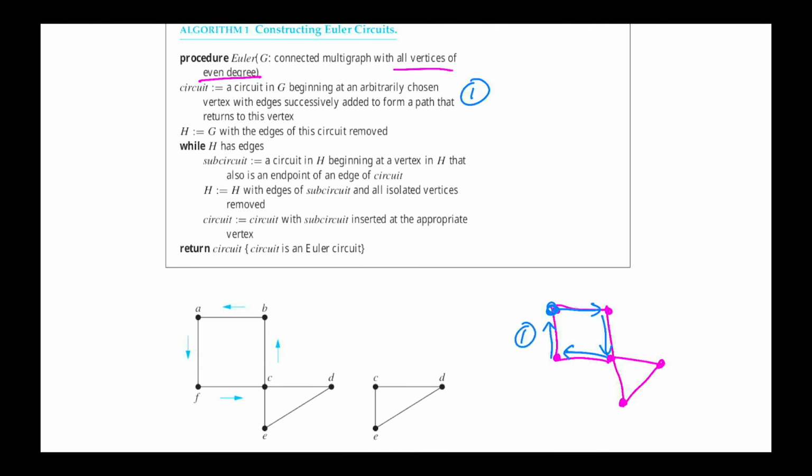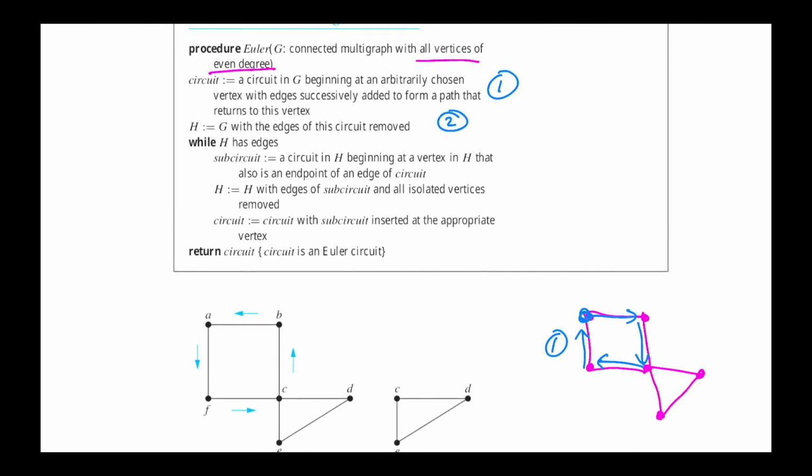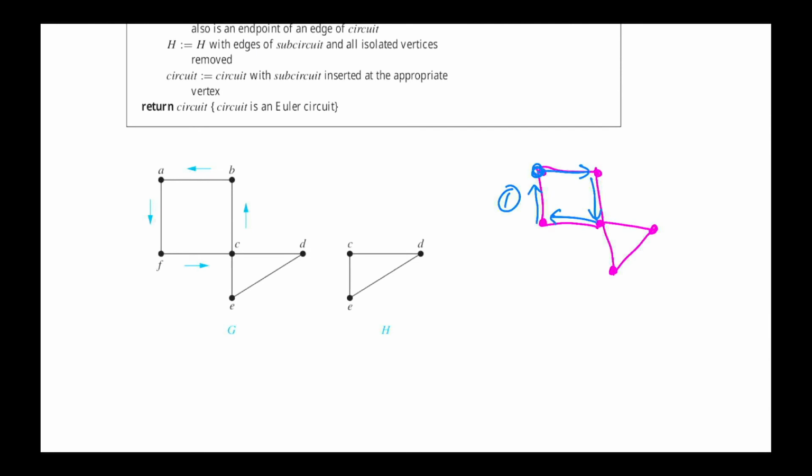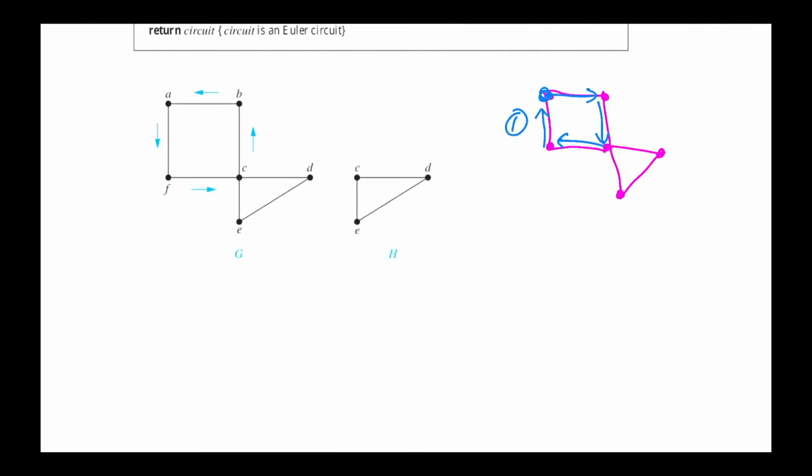Okay. And then the next thing you do is you are going to actually remove all of those edges. Okay. So you remove all these edges. So you take off the part that we just looked at.